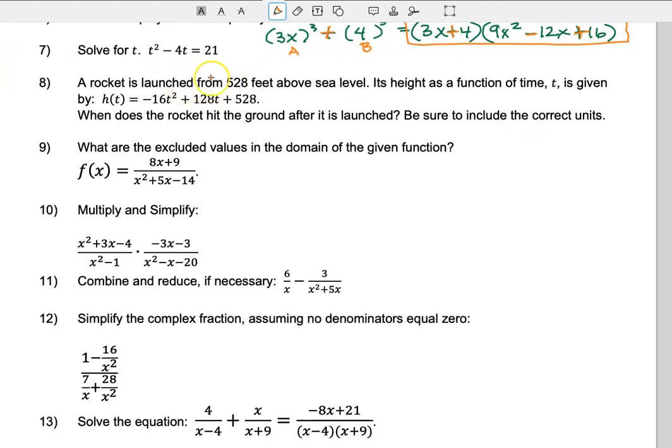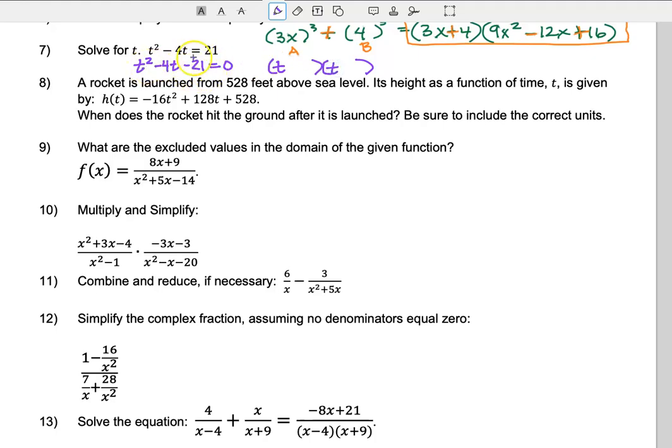Okay, so on this one, I'm going to start by subtracting my 21 over, so that's going to give me t squared minus 4t minus 21 equals 0. And now I need to factor that to solve it. So let's see, how is this going to factor? We got t times t is my t squared.